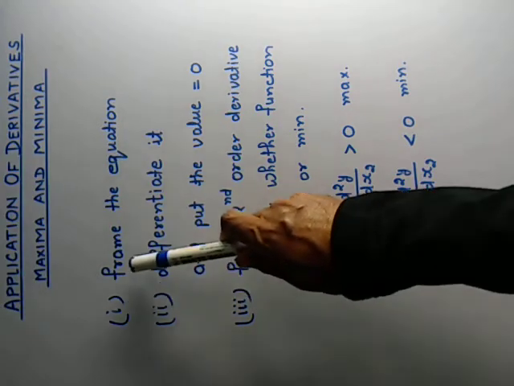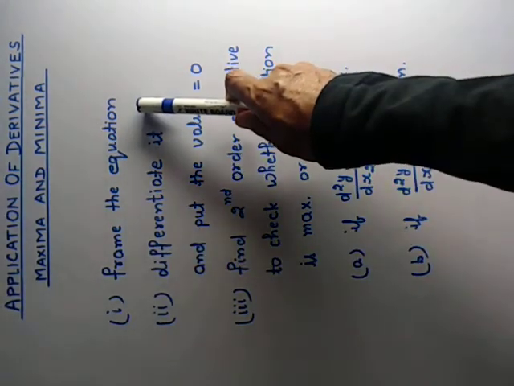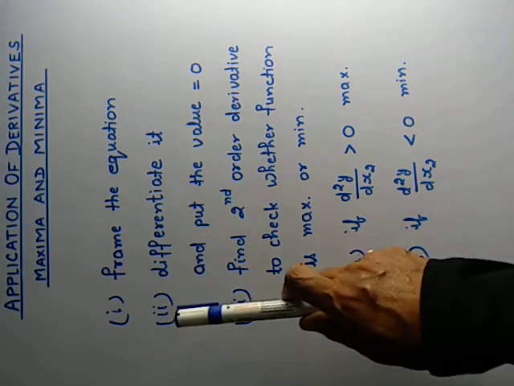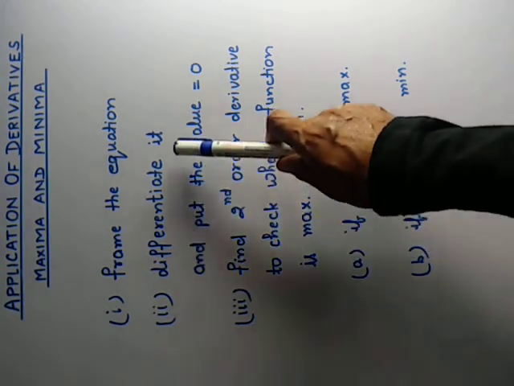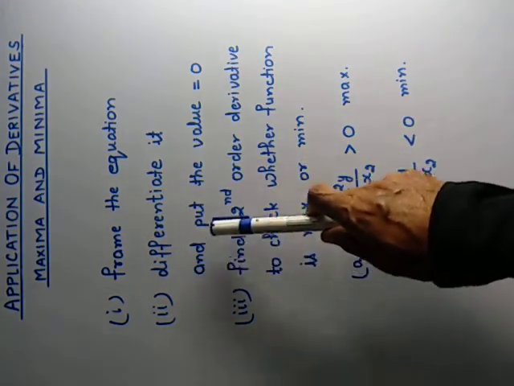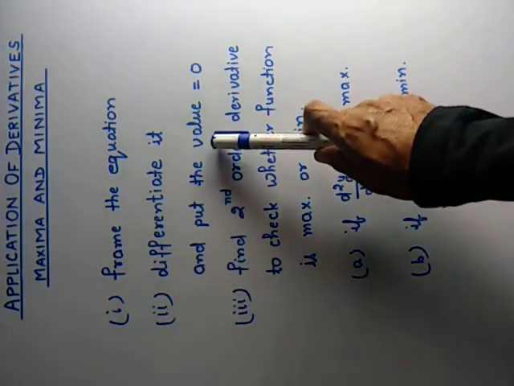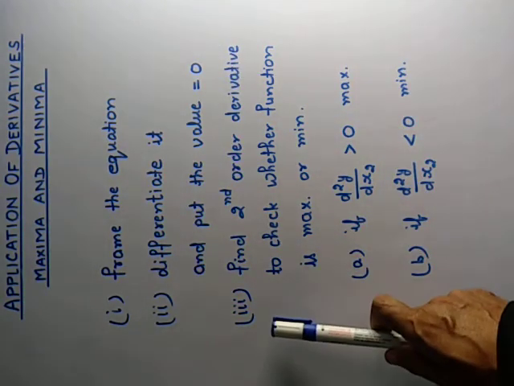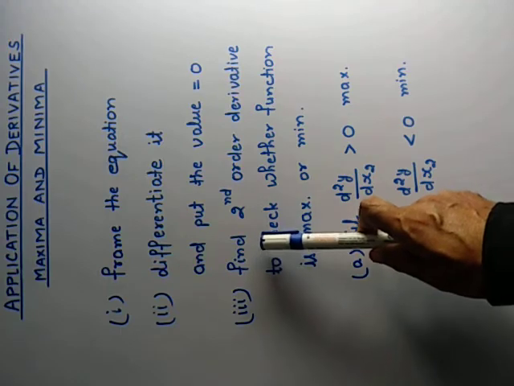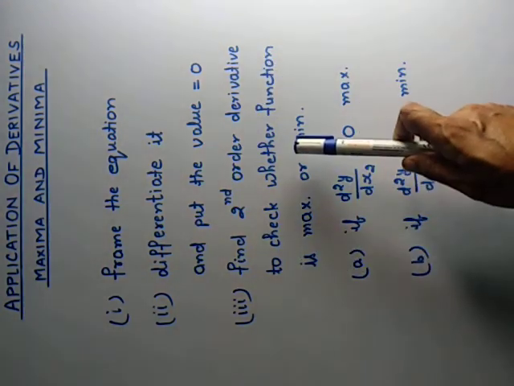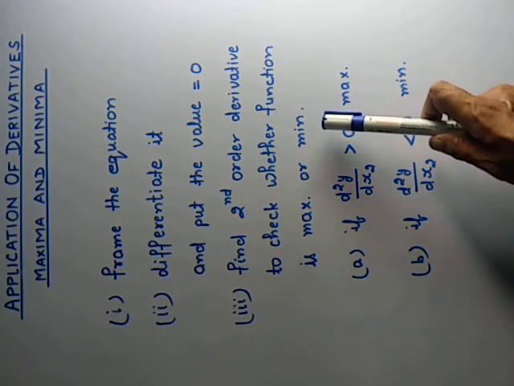Number one, we have to frame the equation, that is the equation of the curve. Number two, we have to differentiate it and put the derivative equal to 0. Number three, we find the second order derivative to check whether the function is maximum or minimum.